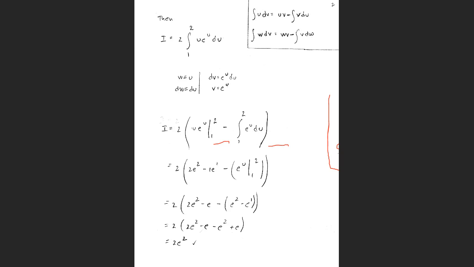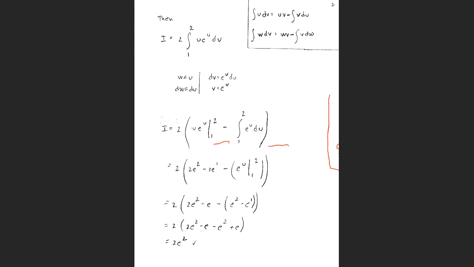What's the antiderivative of u? Oh, u squared over 2. Right, u squared over 2. So when you do your integration by parts, you're going to get this.